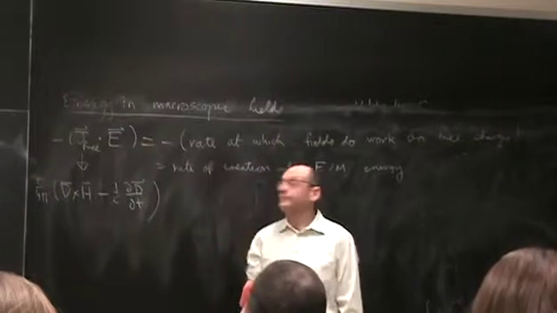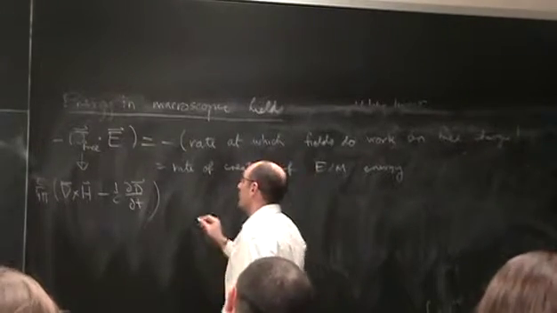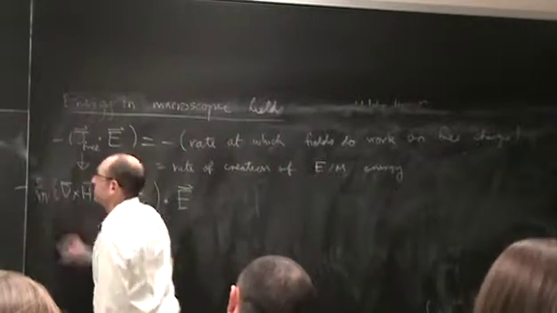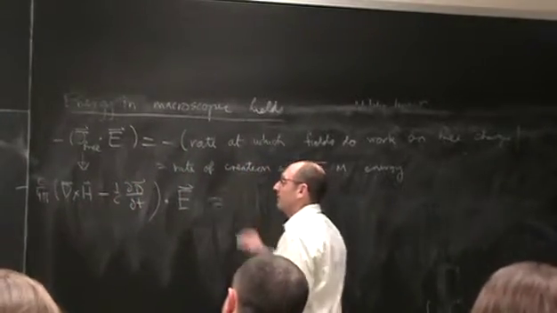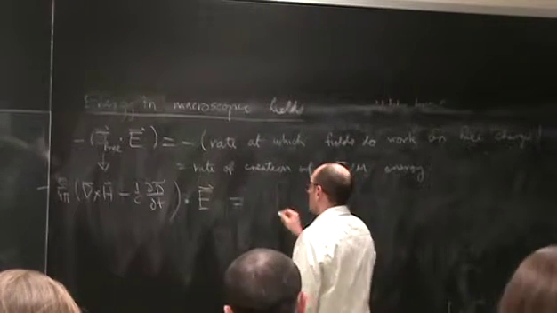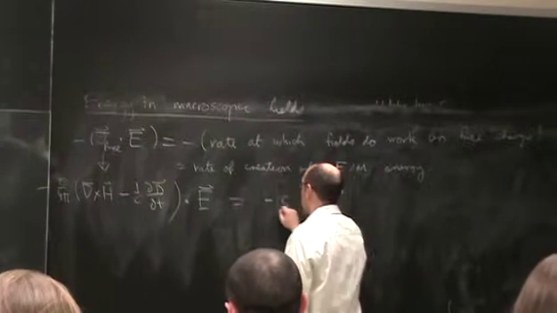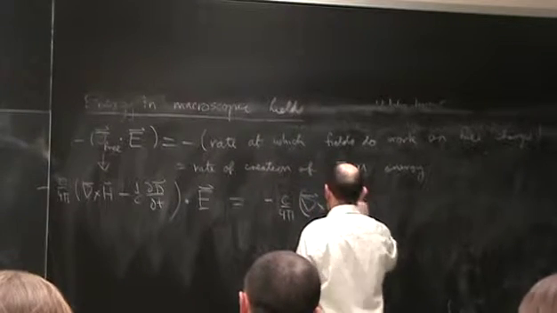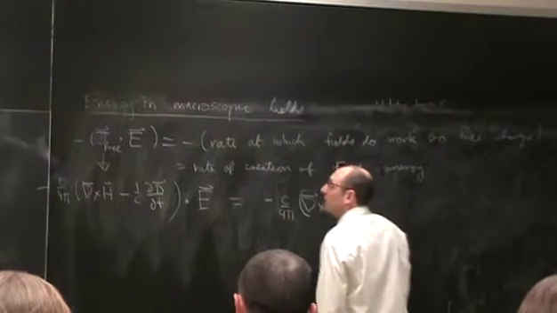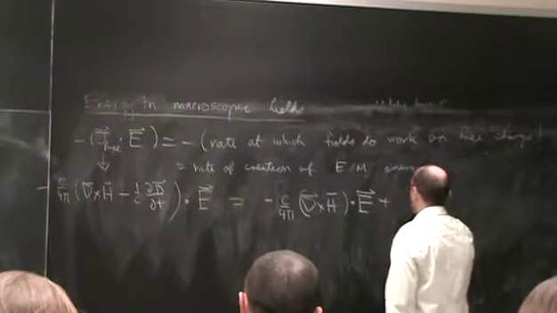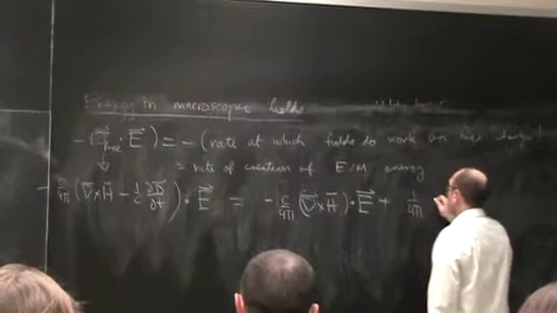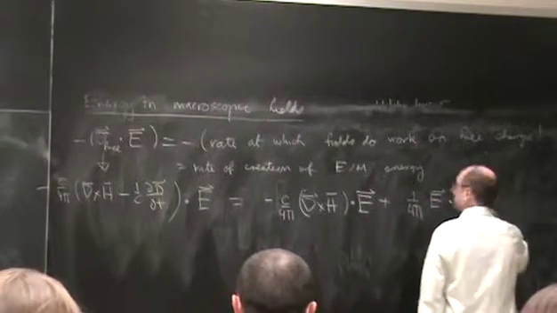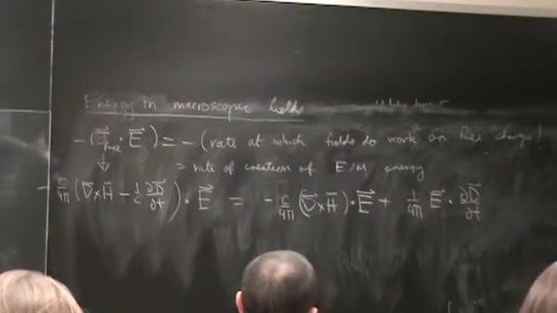All right, solving that, so that dotted into E, put a minus sign, is equal to minus C over 4 pi del cross H dotted into E plus 1 over 4 pi E dotted into dD dt. Okay.